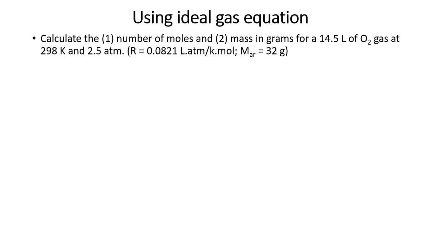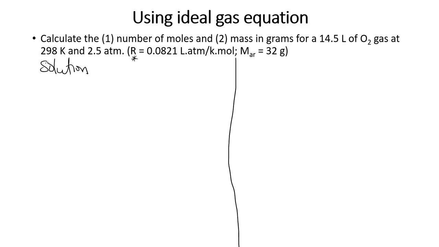Calculate the 1, number of moles, 2, mass in grams for 14.5 liters of oxygen gas at 298 Kelvin and 2.5 atmospheres. Here you are given the R. So to solve this problem, let me just draw a line here.